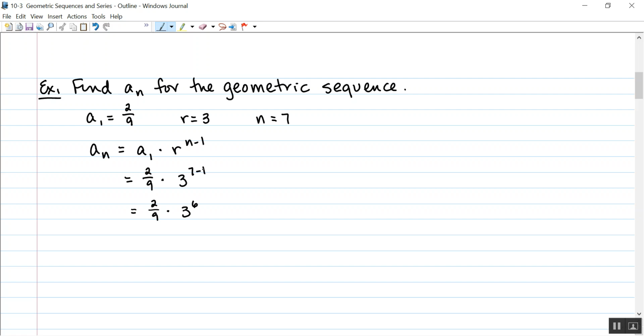Recall that we're going to be evaluating our exponents first before we multiply, or 2/9 times 729, or 162. So what that means is that the 7th term of this geometric sequence is 162.